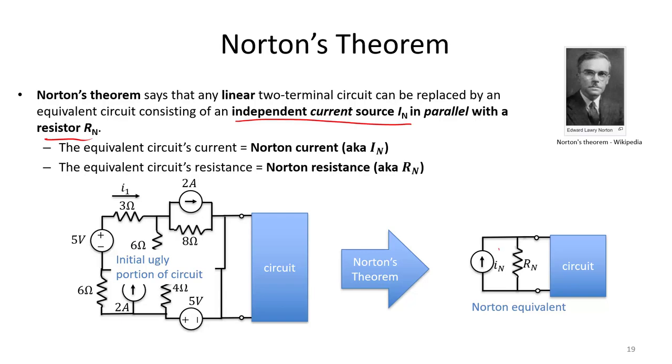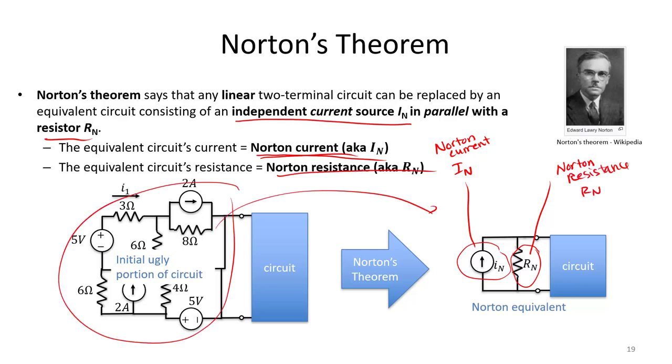The current source will have a current value called IN, that is our Norton current. So the current value of that equivalent current source is called the Norton current. And similarly, the resistance value of the equivalent resistor is called the Norton resistance.